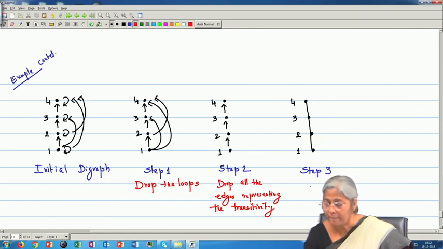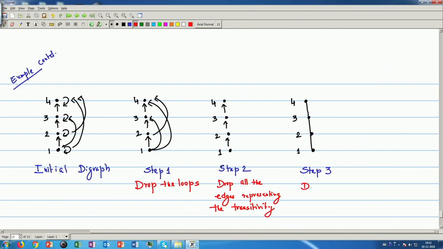So, drop all the arrows or direction, all the direction, and this is my final Hasse diagram. So, this is my final step, or this is my Hasse diagram.